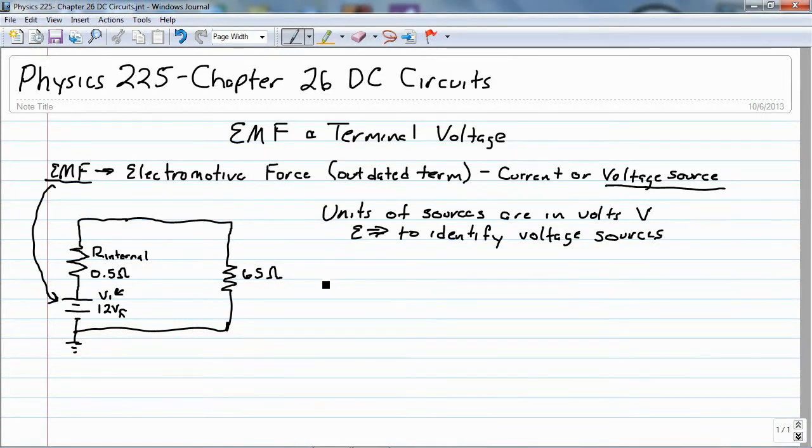Now, another topic that we need to understand is this idea of modeling. And what we do in modeling is, our first try, we assume that everything is ideal, everything's perfect.